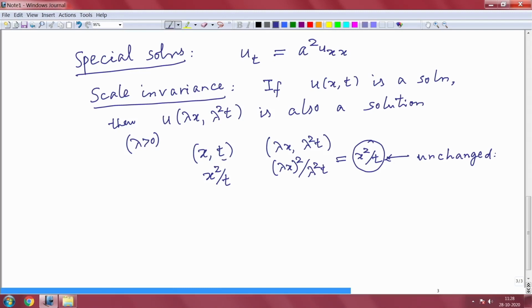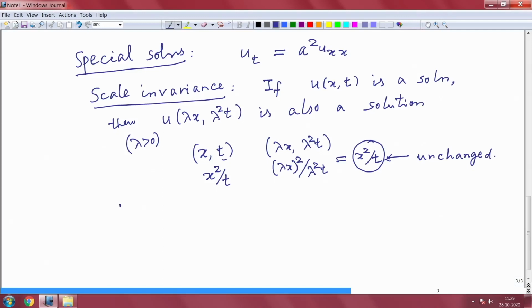Okay, this suggests looking for a solution of the heat equation which is of the form a function of x²/t only. Because we have seen that this heat equation has this scale invariance, and that suggests we look for a solution of this form, which may not exist, but certainly we can try that. Okay.